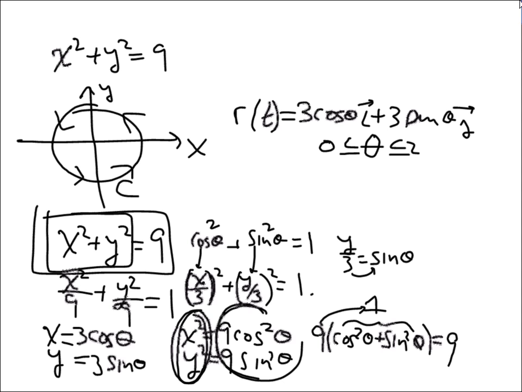Theta goes between 0 and 2 pi. It's a complete circle. And that's the end of the first problem. We wrote the parameterization of x squared plus y squared equals 9 according to that given path.